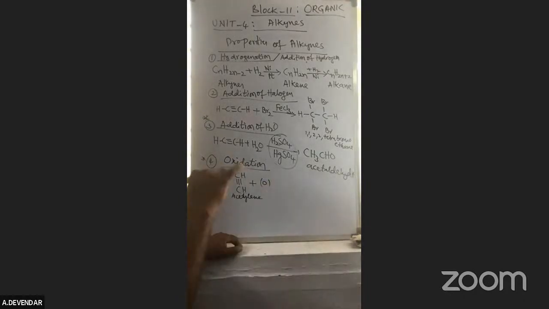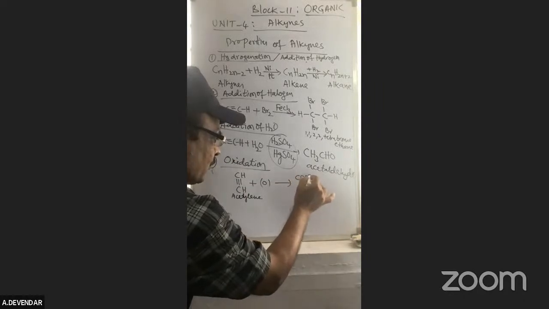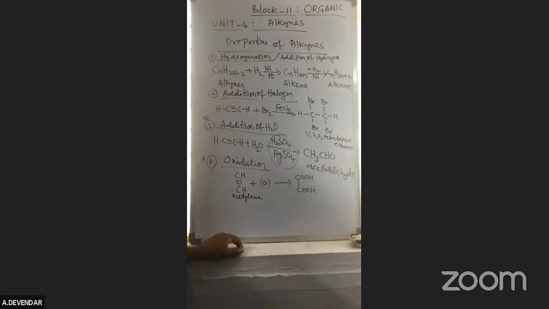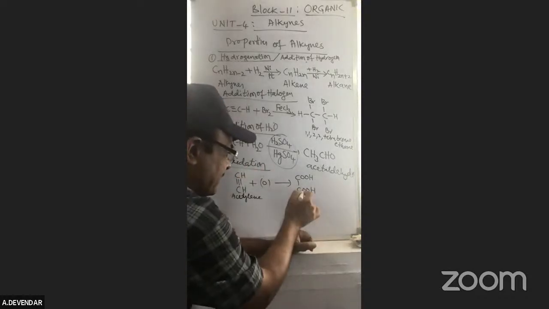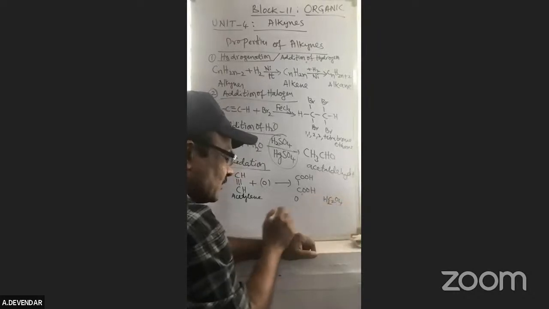So depending on the nascent oxygen, this is the O. So simple formation of, anybody know this formula? It is oxidized. Anyone? Very important formula. Oxalic acid. I will write the formula. H2C2O4. What is the name?